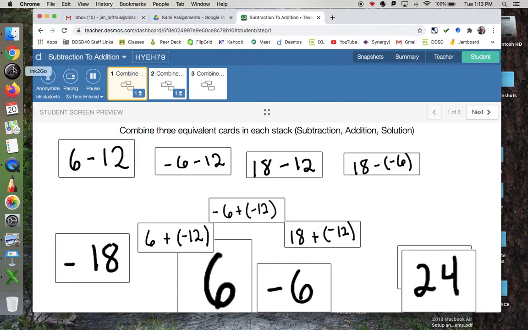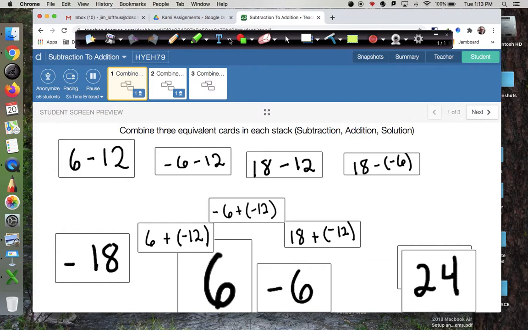So I'm going to highlight something here just temporarily, and let's just go with yellow. But what I want you to notice is that this is going to stay the same. This is a -6, that's a +6, this is 18, and this is 18.